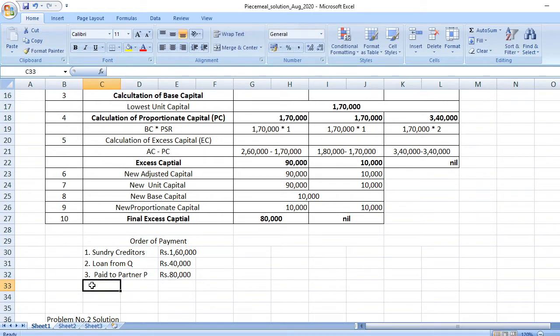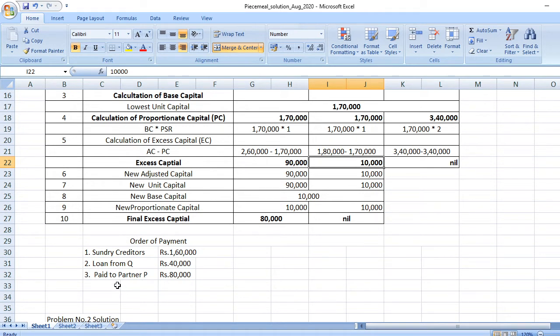After paying Mr. P's capital, what is the fourth payment? The previous excess capital held by P was 90,000 and Q 10,000.